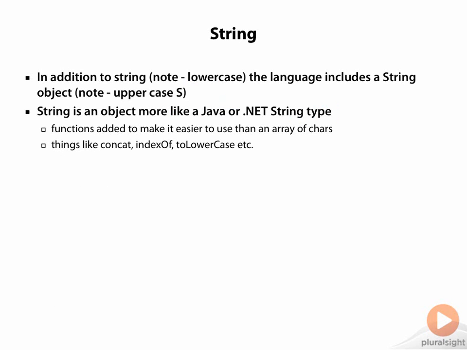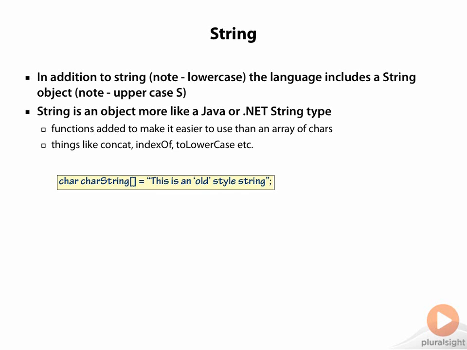Now, string is a little different. There is char array, so that's like an array of characters, and that's a string. But there is also capital S String, and this is an object that's part of the language. It's written and put there to make things easier, more in line with other modern languages like Java or .NET.